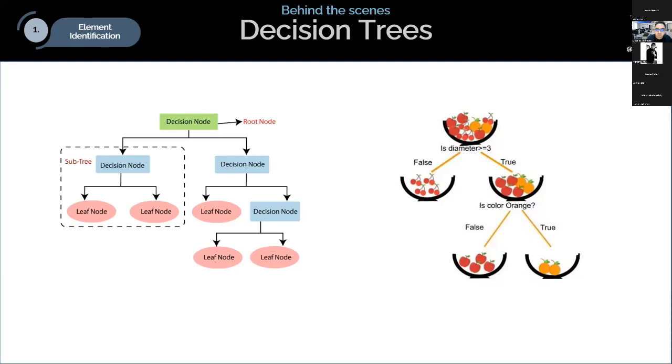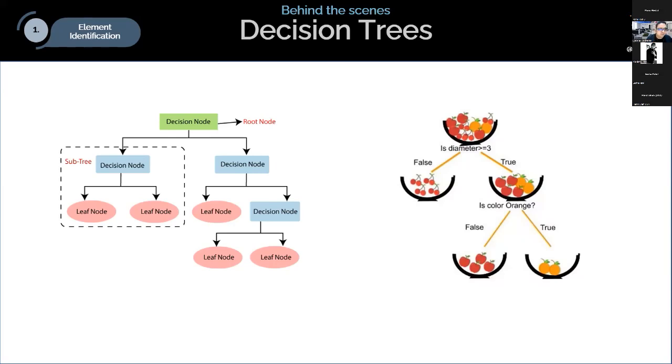Obviously, there are a lot more that get into the background, but the first one, when it comes to element identification, is something called a decision tree. It has a root node, then a subtree, and then leaf nodes, right? To say it in layman's language, in the example on the right, I want to identify oranges.